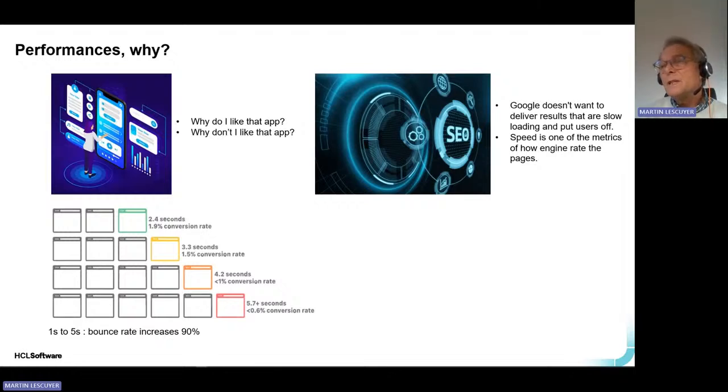And there are some statistics showing that, for example, if your page loads within 2 seconds, you would have something like a 2% conversion rate. But when this page goes up to 4 seconds, for example, your conversion rate would fall below 1%. So the performance of your application is really important to maximize the conversion rate and make the probability that users would bounce off your application as low as possible, right?